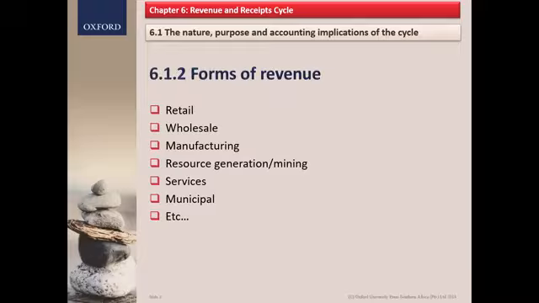Your retailer is any entity that is selling directly to the public. Retailers that are known by all South Africans include the Spar Group. You'll have your Checkers, you'll have clothing retailers like Edgars and so on. Those are your retailers, and they have their own revenues.